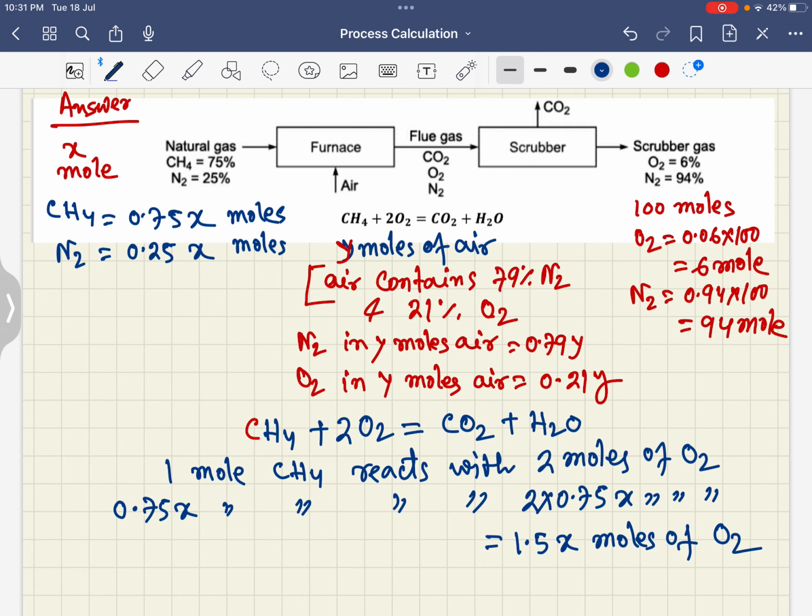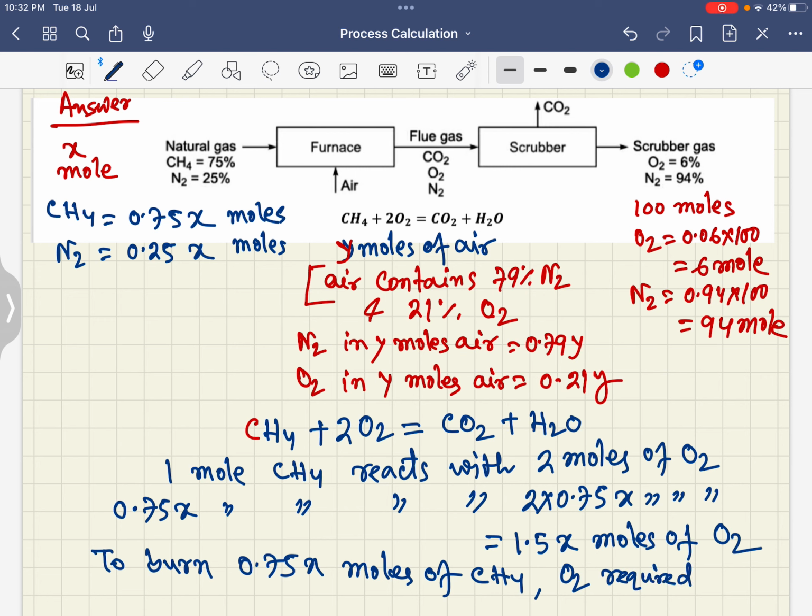Means to burn 0.75x moles of methane, oxygen required is 1.5x moles.